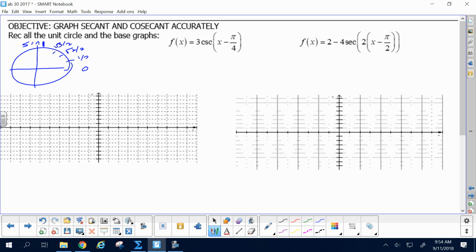Do you agree? All right. And this way you could say it's negative 1/2, negative root 2 over 2, negative root 3 over 2, negative 1 there.